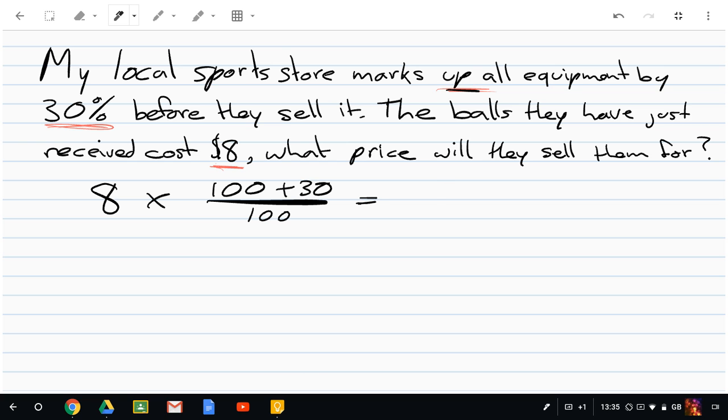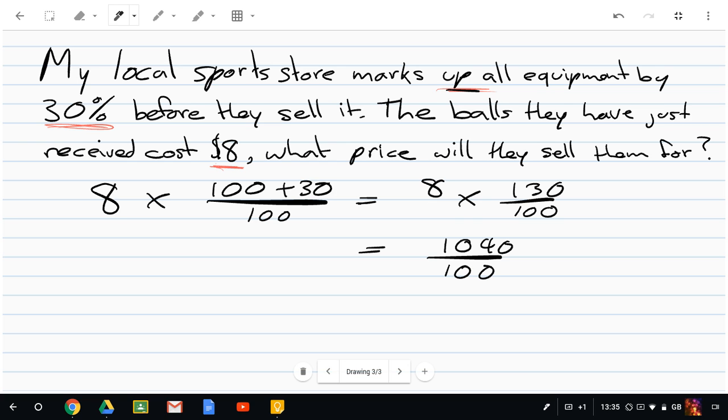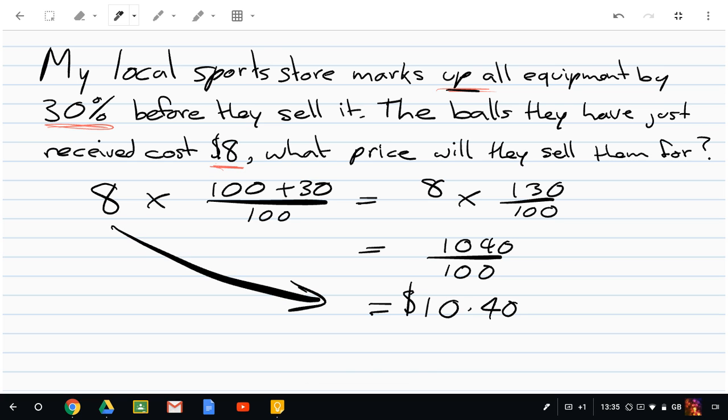So that's going to be 8 times 130%, and 8 times 13 is 1,040 over 100. And so when we divide that, I end up with $10.40. So the $8 balls will go on sale for $10.40 because that's 30% more.